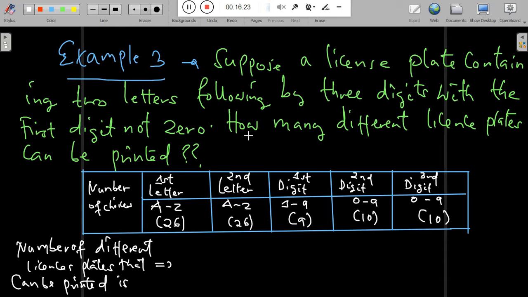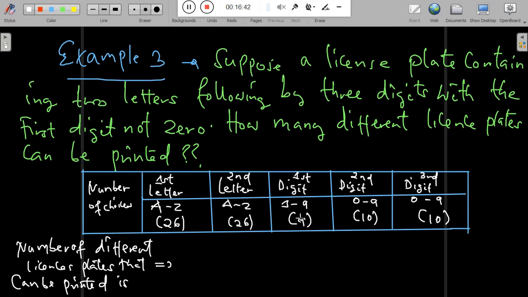From our data set, we take 26 for the first letter, times 26 for the second letter, and we times 9 for the first digit, then 10 for the second digit, and 10 for the last digit, as you observe.